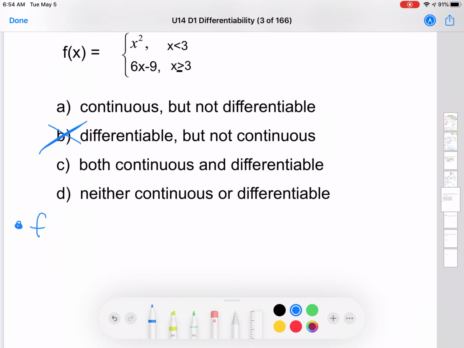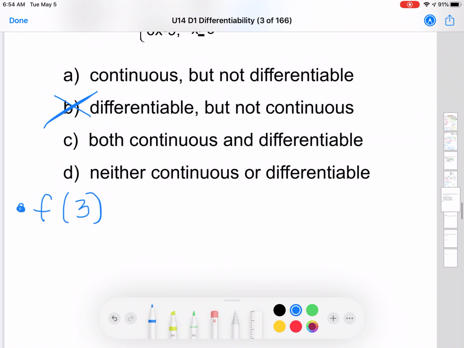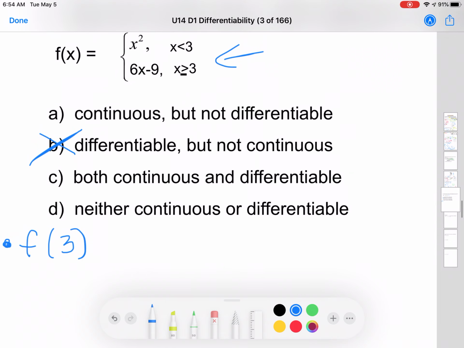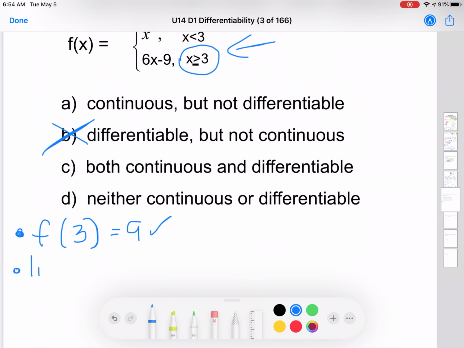Okay, so I'm going to do the 3 steps to continuity on the function itself. So let's see if a function value exists. Now I'm going to do it at the point that they're sharing. So is it continuous at that point they're sharing? So f of 3, I'm going to plug into this piece of the domain. 6 times 3, 18, minus 9 is 9, so a function value exists. Let me see if the limit exists as x approaches 3.